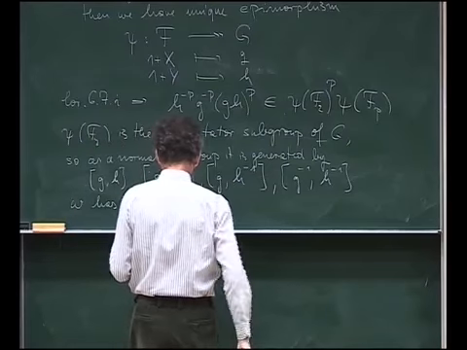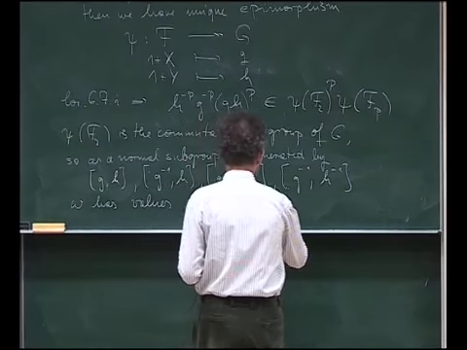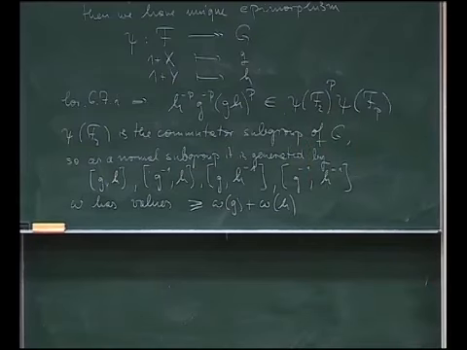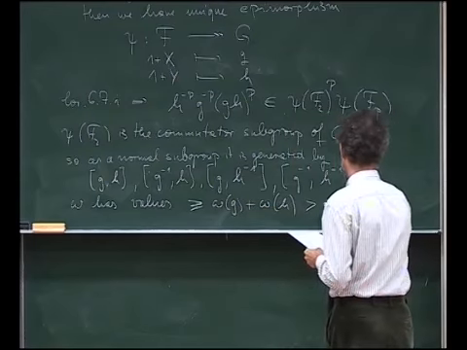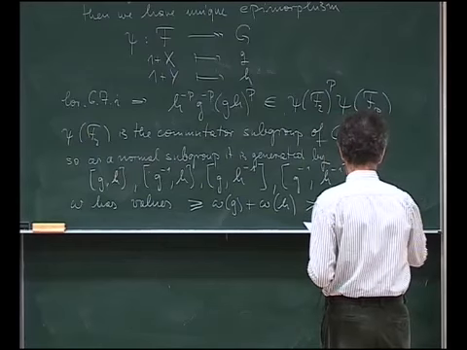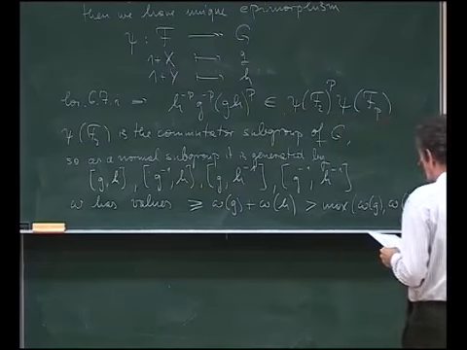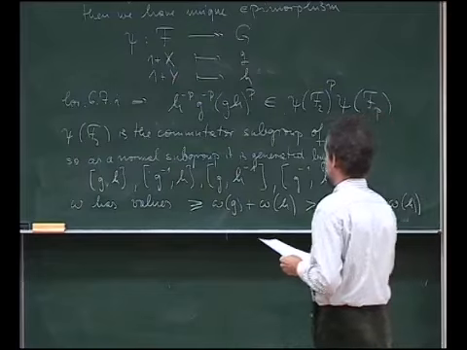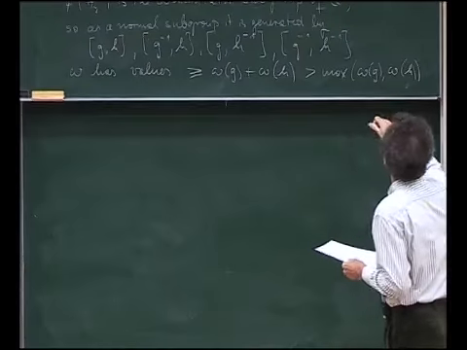But you see, by the axiom, omega has values bigger or equal to omega g plus omega h on these commutators, which is strictly bigger, because these are both strictly positive, than the maximum of omega g, omega h.